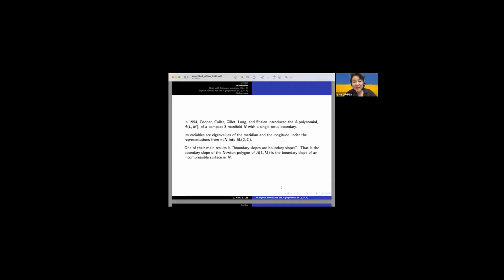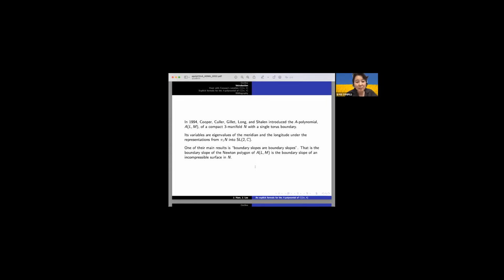In 1994, Cooper, Culler, Gillet, Long, and Shalen introduced the A-polynomial A_L,M of a compact three-manifold N with a single torus boundary. Its variables are eigenvalues of the meridian and the longitude under the representation from π1(N) into SL(2,C).